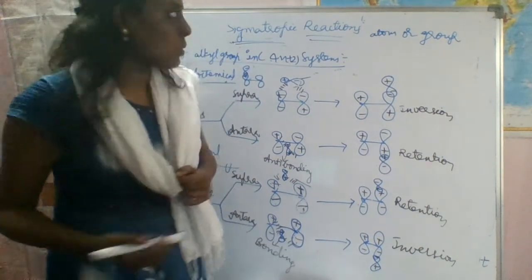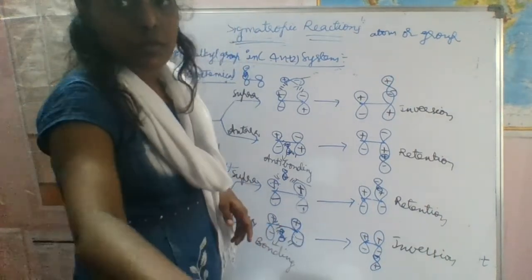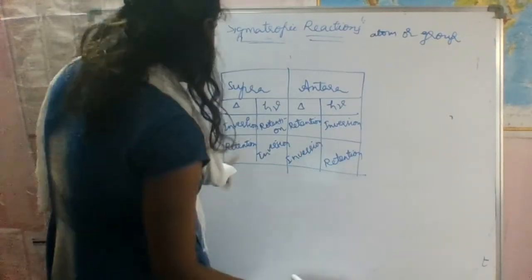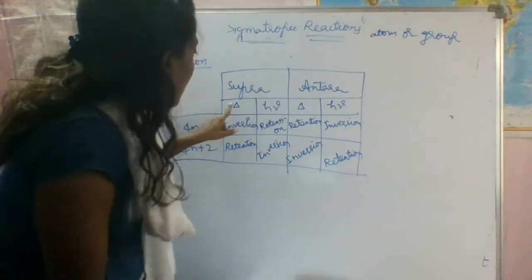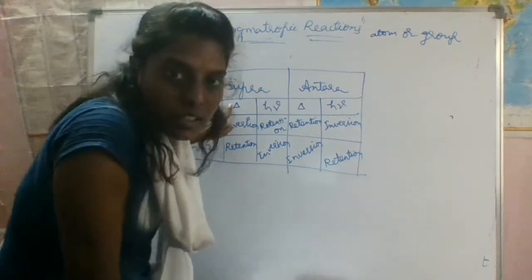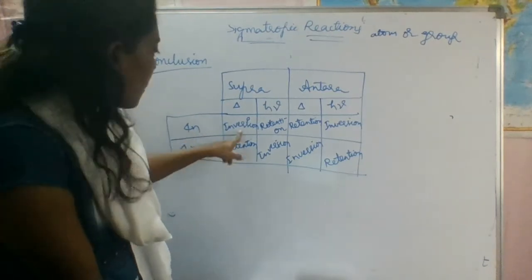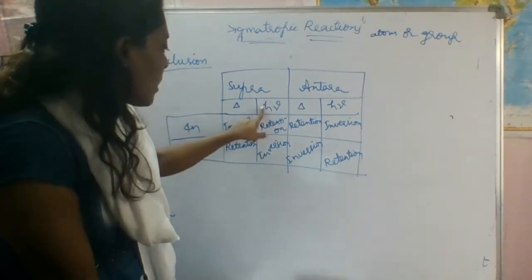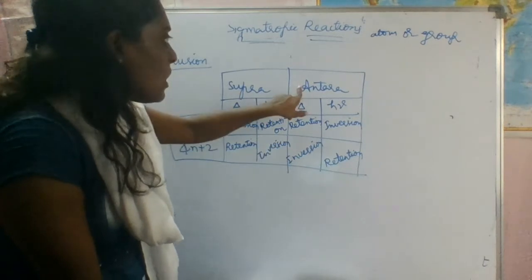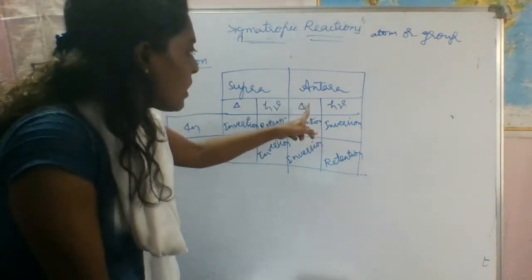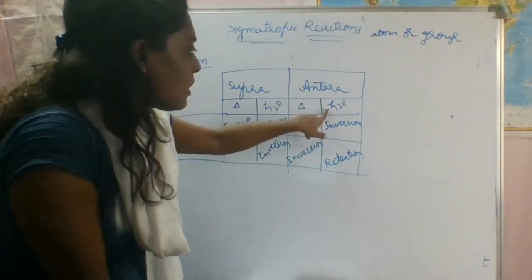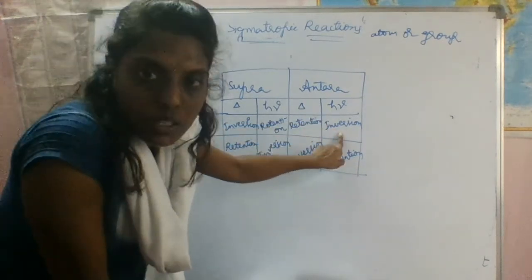Let's see the conclusion. These are the selection rules, right? Suprafacial: if it is a thermal one, what is the 4n system? For the 4n system, it is about inversion, and for 4n plus 2, it is about retention, right? If it approaches antarafacial, thermally retention and photochemically inversion configuration.